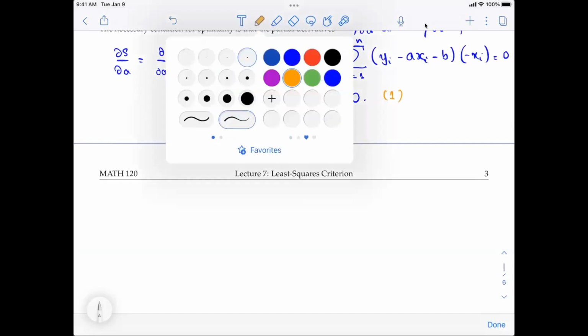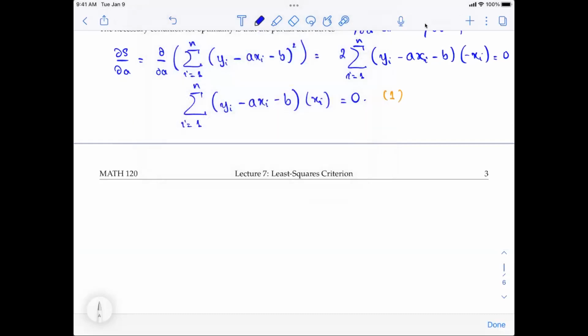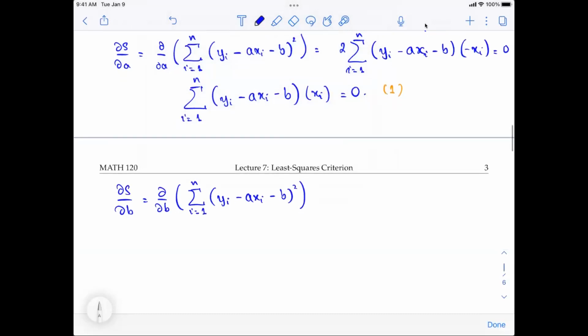Here's another equation. Another equation is coming from the partial derivative of S with respect to b. Now this is partial b of the summation for i going from 1 to n of (y sub i minus a x sub i minus b) squared. And this is very similar to this derivation. Right?